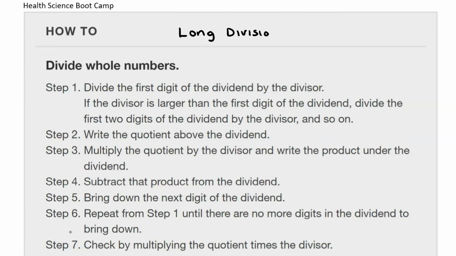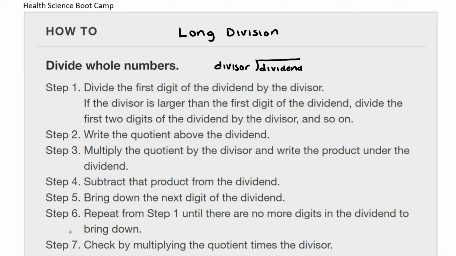So in this process, the first step is that we want to divide the first digit of the dividend by the divisor. In the book, they go into detail on these words. The divisor is going to be outside and the dividend is going to be inside. So this is long division notation.